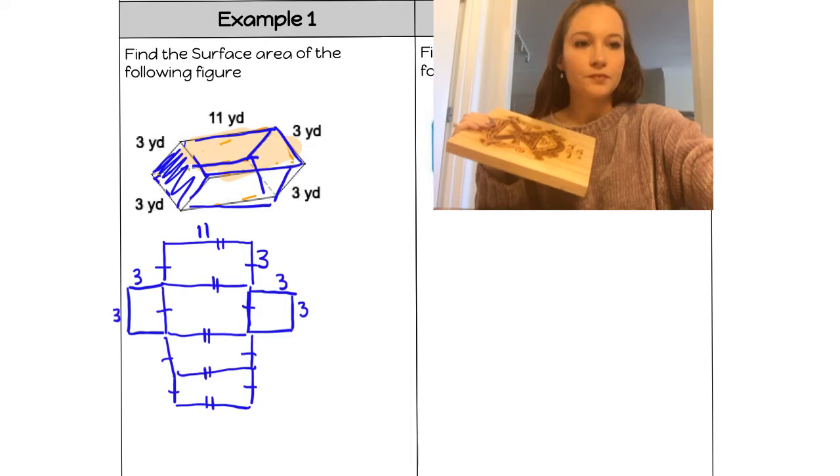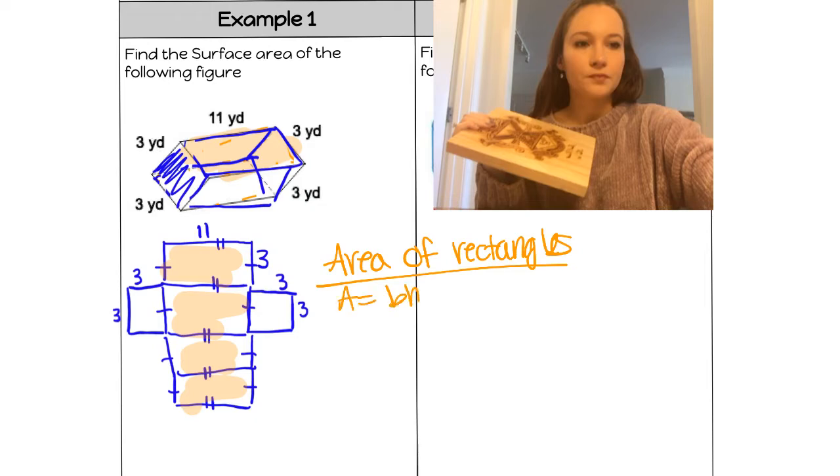So now I have to find the area of each individual shape. It's nice because all of these rectangles are the same. So I'm going to find the area of the rectangles, which is base times height. My base is 11.